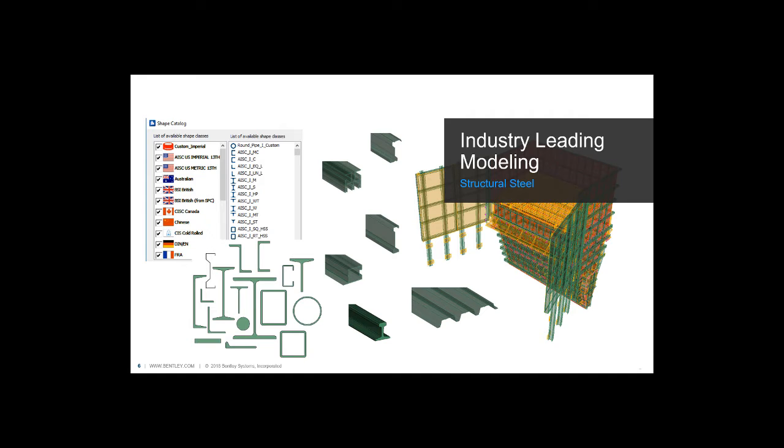Those shape catalogs are already available, and you can see some of the shapes available in these catalogs. You also have the flexibility to create a number of user shapes. If you have a requirement where you need to create a shape that is not a standard shape, you can always create your own shape.